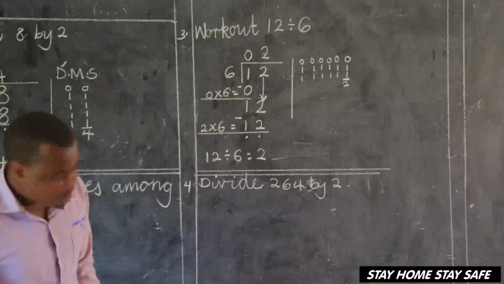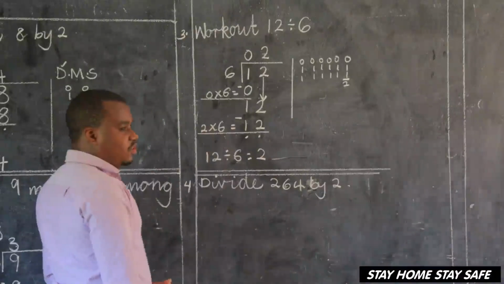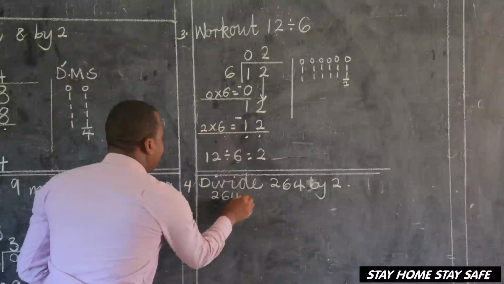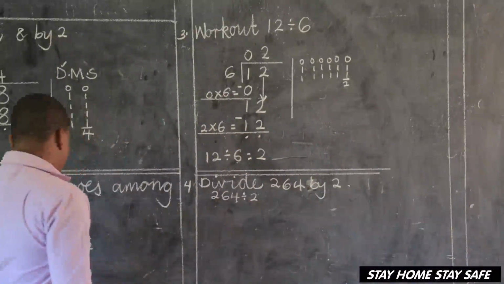So what are we going to do? We can substitute this with a sign of division. So we are going to come here and say 264 divided by 2. Mathematically like that.